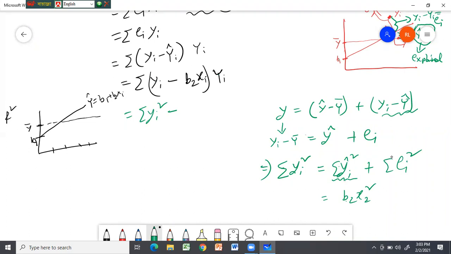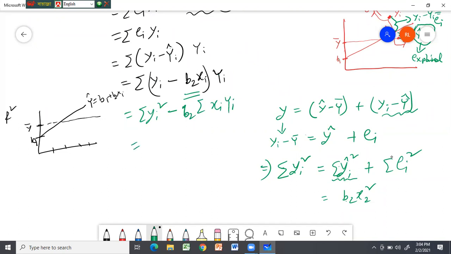So that is why when I am replacing y hat equal to b2xi, you can see that y hat has been replaced with b2x2. b2x2 means your independent variable along with its slope coefficient. So when I am replacing y hat with b2xi, it is multiplying with this, which becomes b2 sum of xi yi.